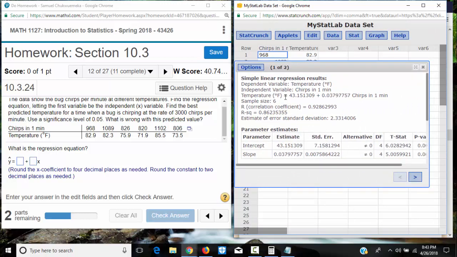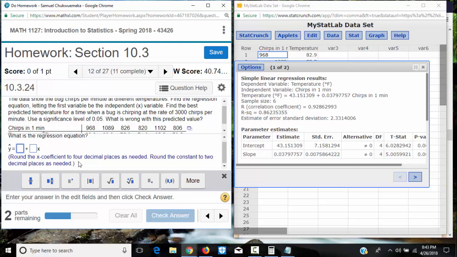Extend this. They said round the x coefficient to 4 decimal places as needed. The x coefficient is your slope. And then round the constant to 2 decimal places as needed. The constant is the y-intercept. So the y-intercept to 2 decimal places would be 43.15.